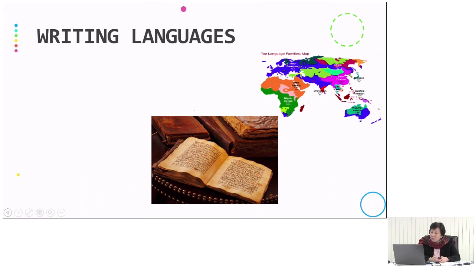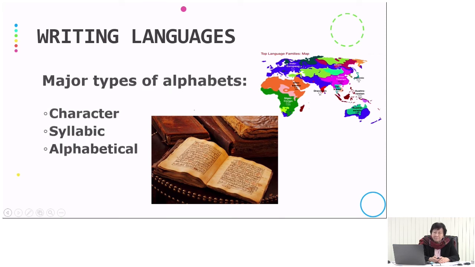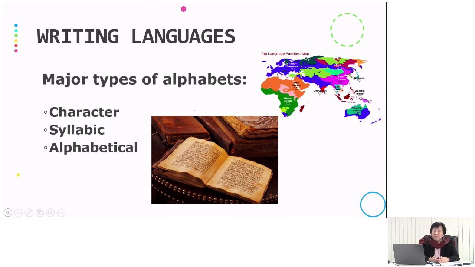In this world of more than 230 countries, there are many writing forms of language. But in general, we put them into three major types of writing.